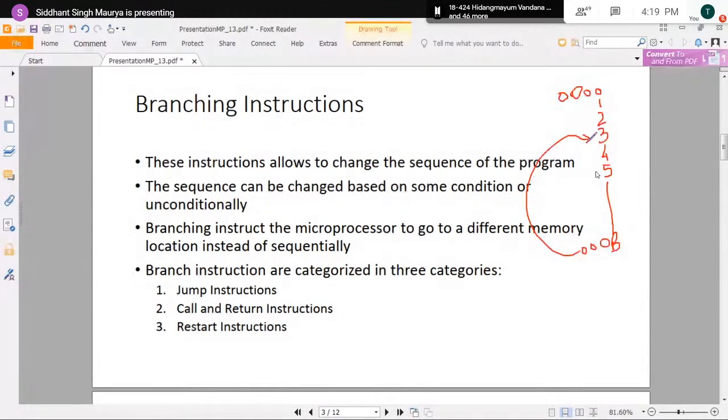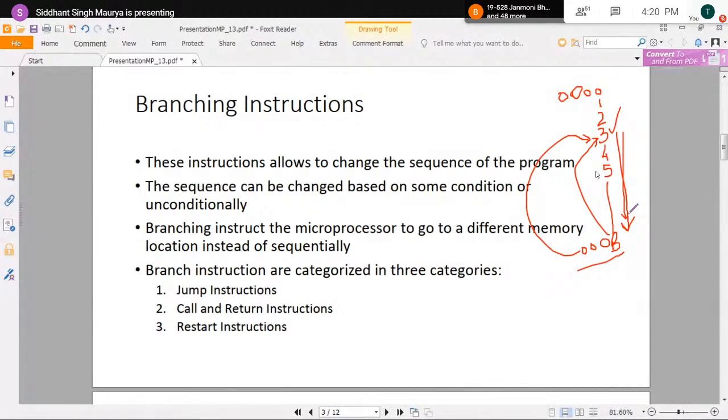So this is called a branching instruction. It is changing the sequence. From here, the sequence is changed to this place. So when it reaches here, again the program counter will increment, and again it will be executed again. Again, let us say it transfers from here to here. So this instruction will be executed again and again.